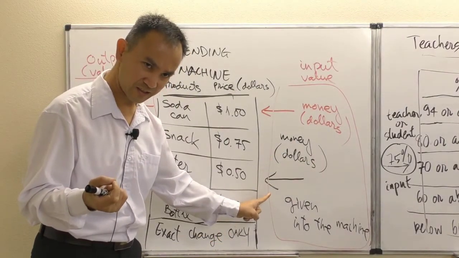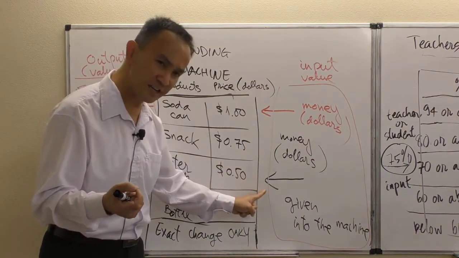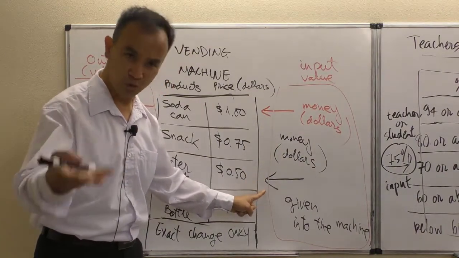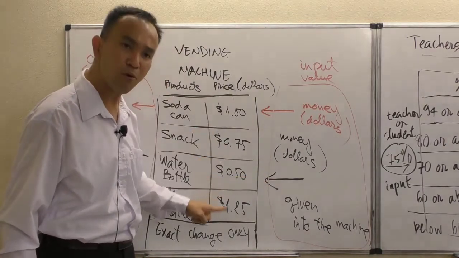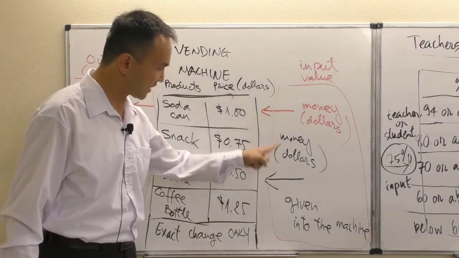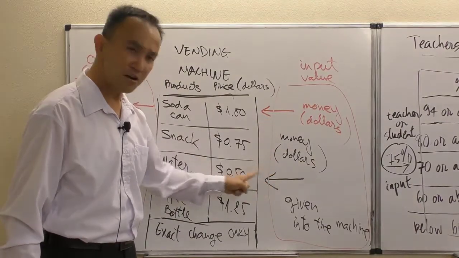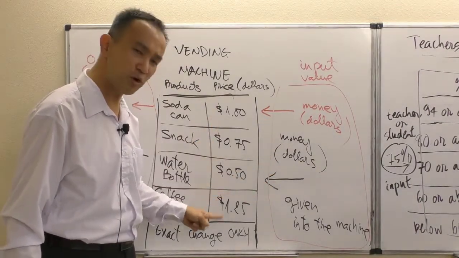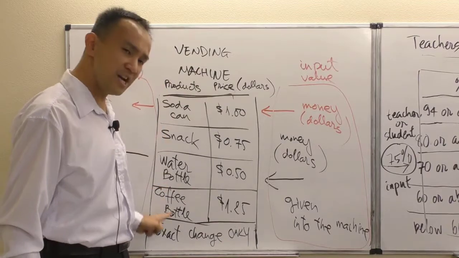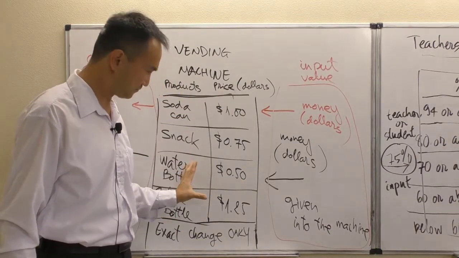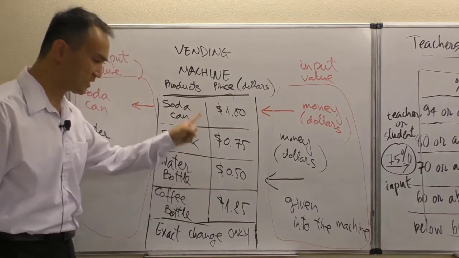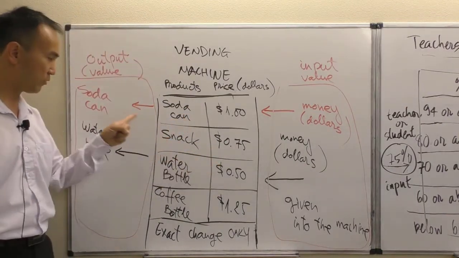I shouldn't say any inputs, because we will get closer to that. But among these allowed inputs, the user can put in an input amount. The machine itself is a rule. The machine has its rule to process the inputs and come out with an output.